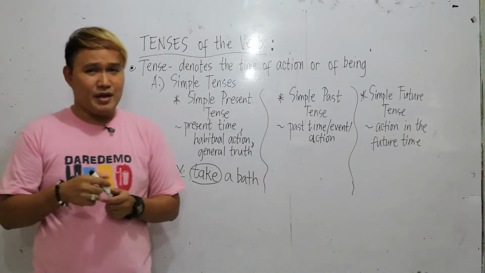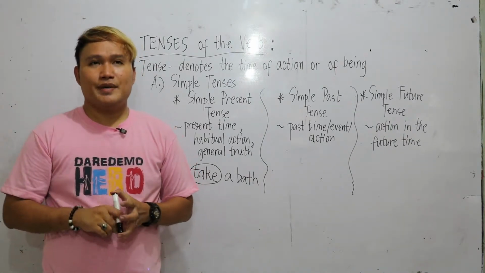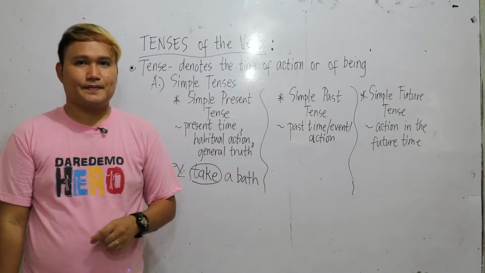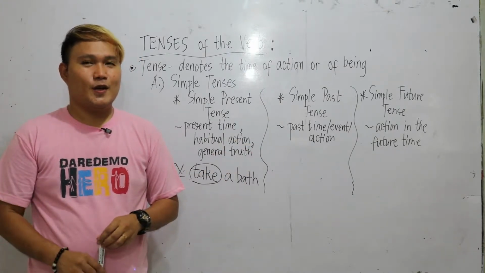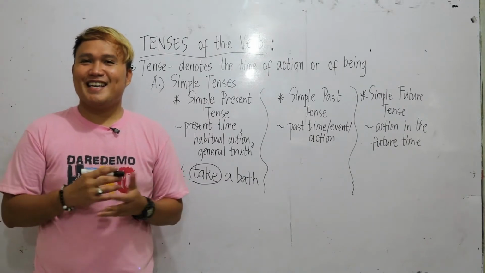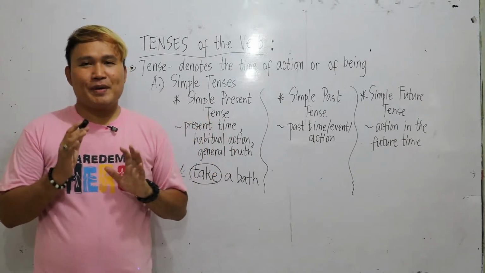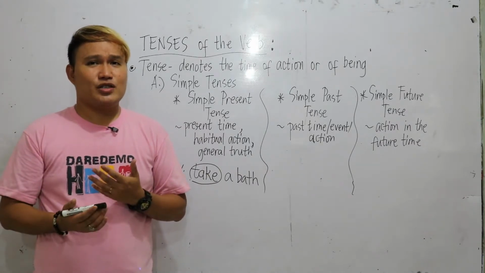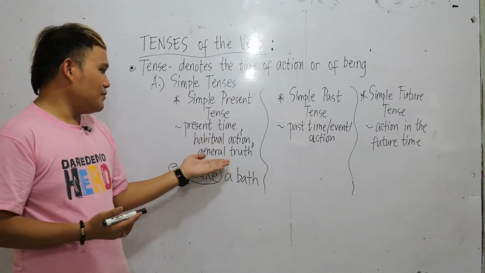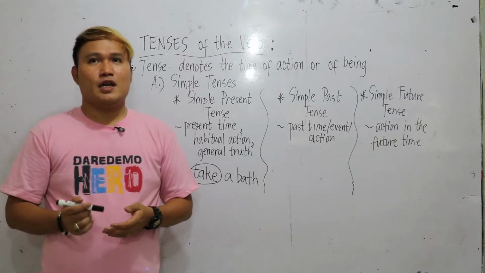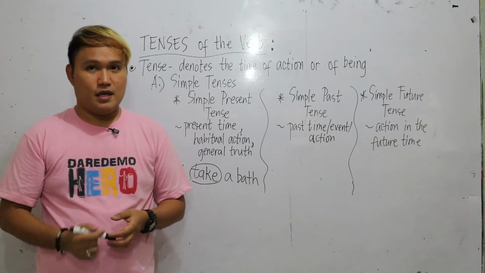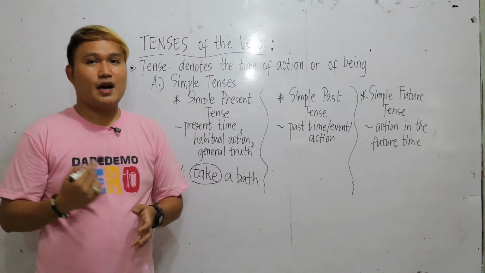Now, anyone who can give me his or her own example of simple present tense? Okay, thank you for thinking. So always remember, if you're referring to a habitual action or just a general truth, for example, the earth rotates around the sun.